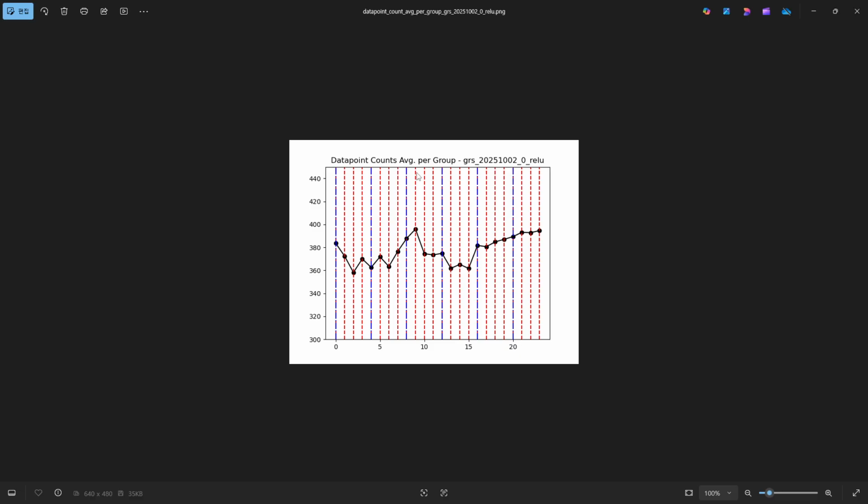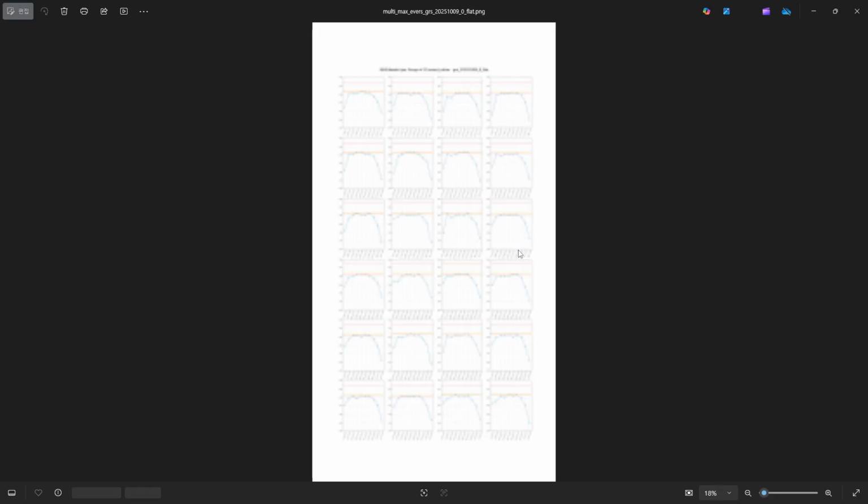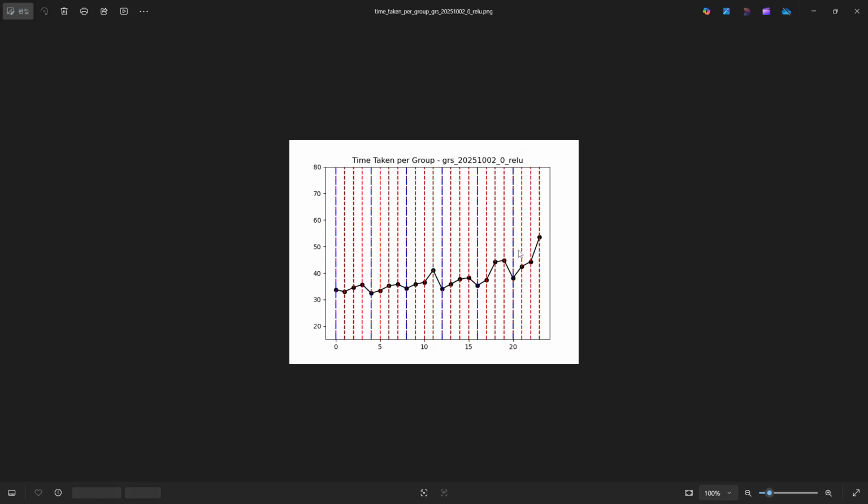So the data point count does somewhat increase, by a small amount, as the chill event ratio increases, but not substantially, as we can see here. But the time it takes for an iteration to be over, there we go, we do see an upward trend.